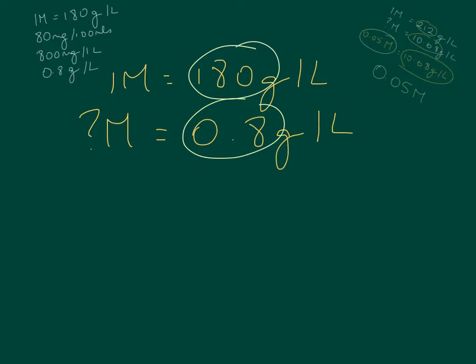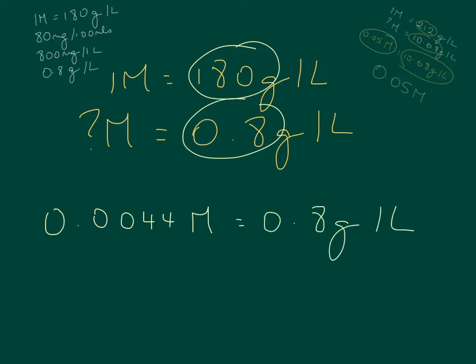So if I get my calculator and say 1 divided by 180, and multiply it by 0.8, I get an answer of 0.00444444, and so on. So the molarity of glucose in that question is 0.0044 molar, equal to the 0.8 grams per litre.